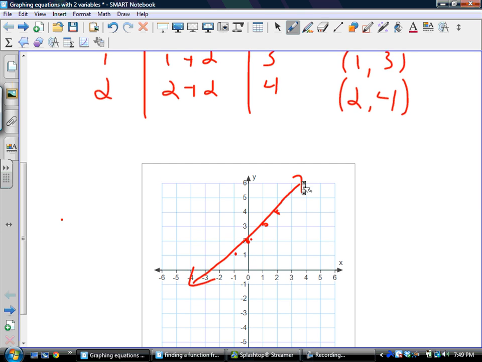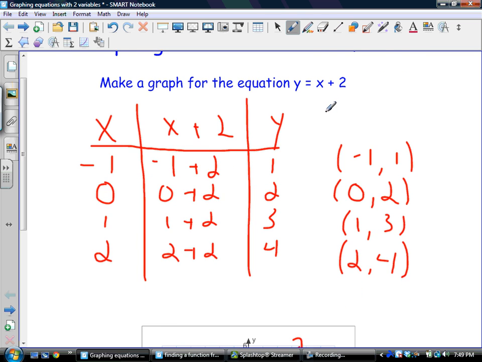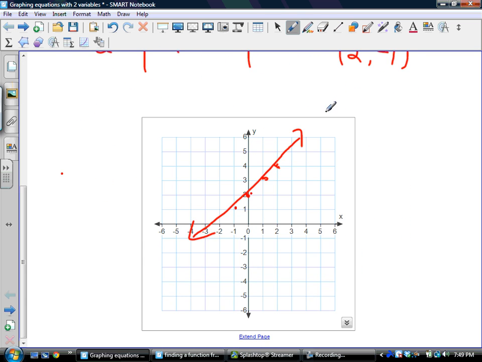That's important to remember. Anytime you're looking at your function, and the exponents on x and y are both just ones, I don't have any squares or cubes or anything, then my graph should be a straight line. So if you end up with anything other than a straight line, you know it's wrong.